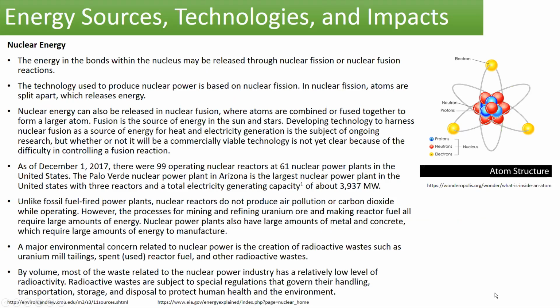Unlike fossil fuel fired power plants, nuclear reactors do not produce air pollution or carbon dioxide while operating. But in order to create this kind of plant, you use carbon dioxide related products too. When you are operating, you don't use those byproducts.